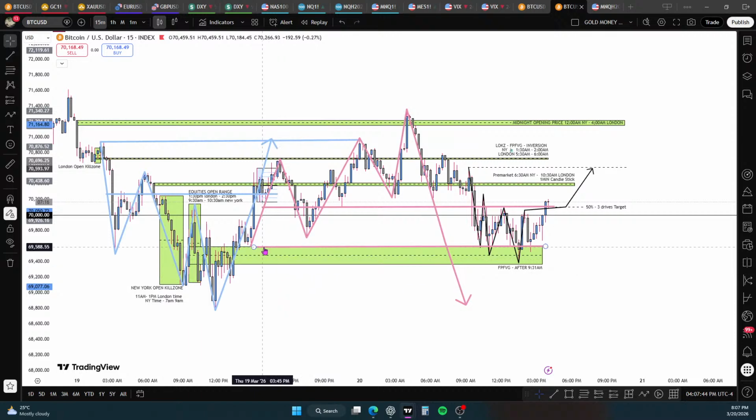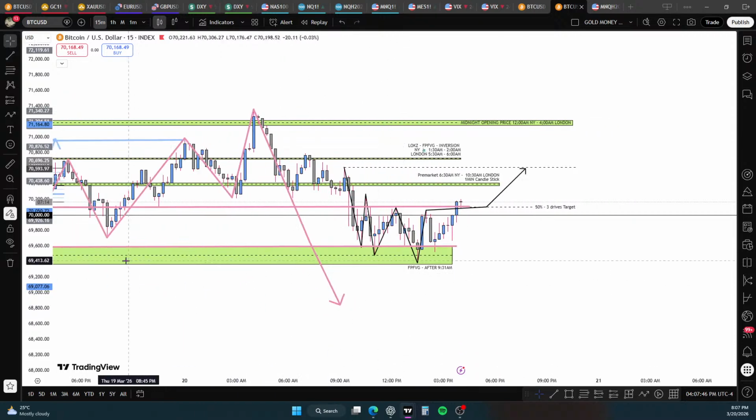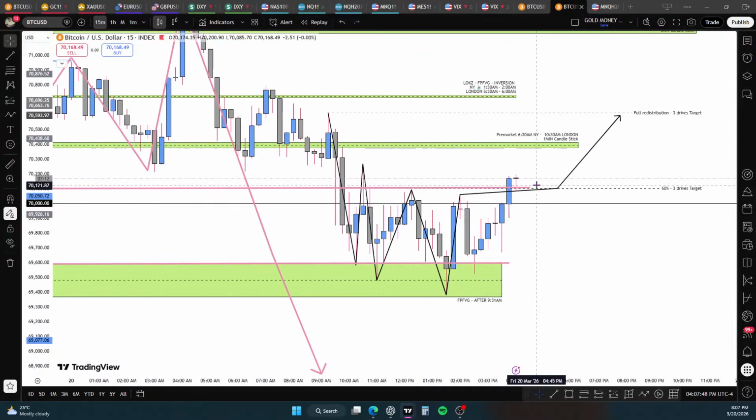And then as well, we have this three drives pattern that's currently occurring in the price action.